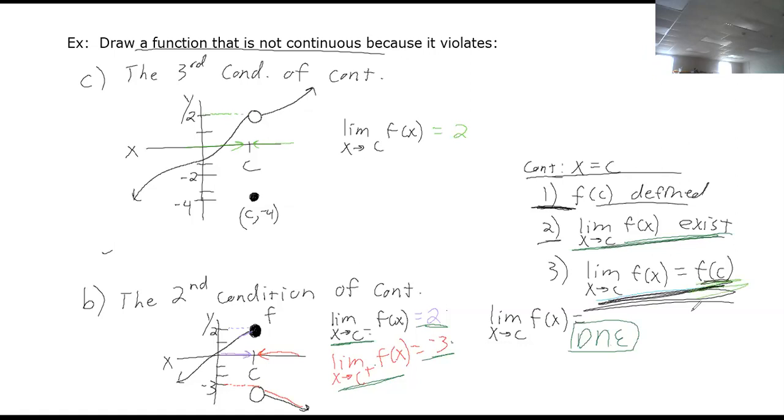What is f evaluated at c? Well, my function value at c is right here. So the output at c is -4. So I can say f evaluated at c is -4. Now, is the limit as x approaches c of f of x equal to f of c? No, one of them is equal to 2, one of them is equal to -4, so it fails this third condition of continuity.